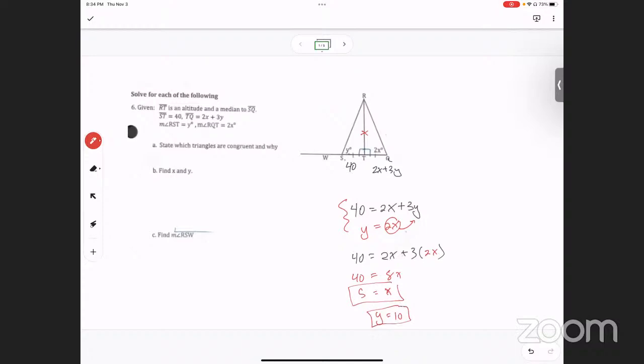Okay. And then it says find RSW, and where's RSW? That's y. Oh no, I'm sorry, that's this one. RSW is going to be the supplement of y, right?